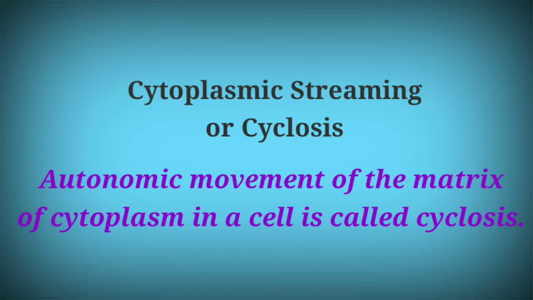So a movement takes place in the matrix of the cytoplasm of a cell. This automatic movement of the matrix of the cytoplasm generally occurs in eukaryotic cells, and especially in the case of amoeba, paramecium, the cellular movement of the WBCs of the blood, then the movement that takes place in the cells of the hydrilla plant, which is an aquatic plant.